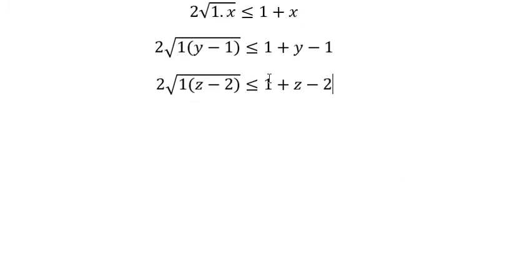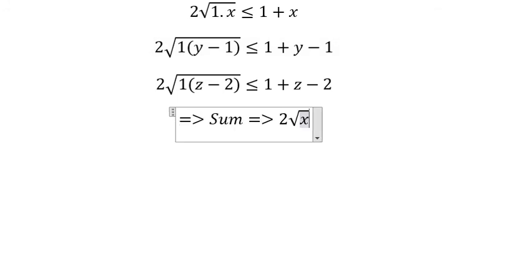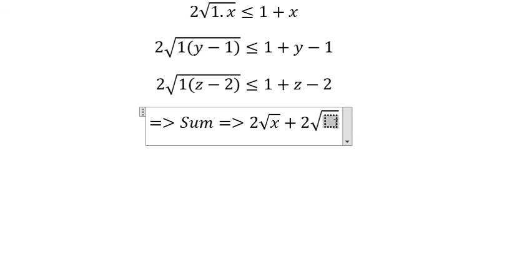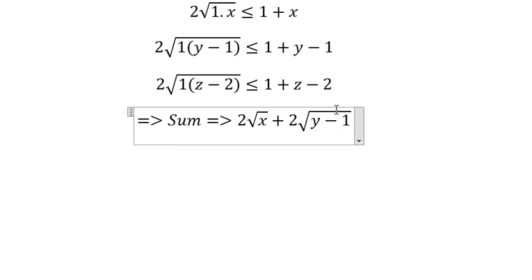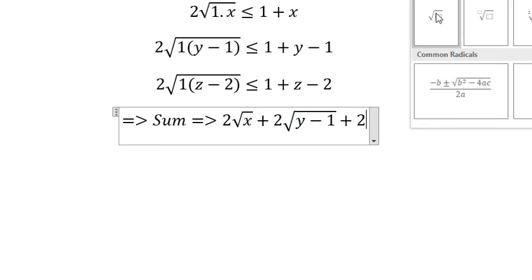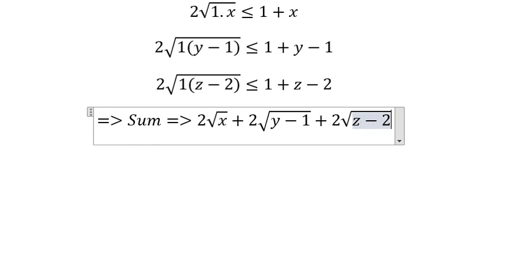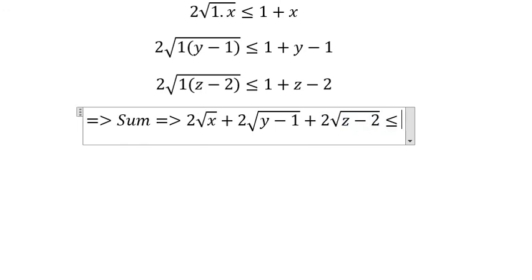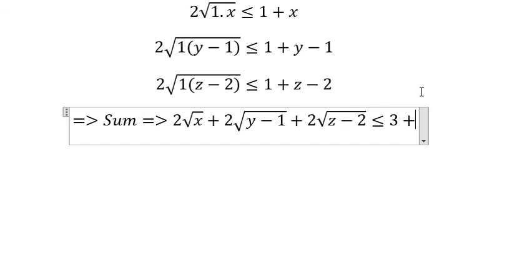Later, we sum the 3 equations together. And we get 1 plus 1 plus 1, which is 3.